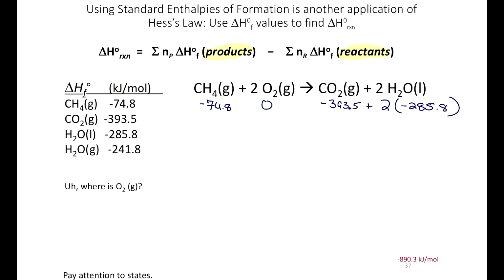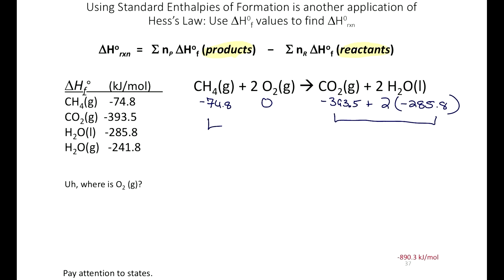So what I'm going to do is just sum up each side, with those values given. So what we see is on the reactant side, the total formation value is negative 74.8, and on the product side, it's something like negative 965.1. These are my products. Here are my reactants.